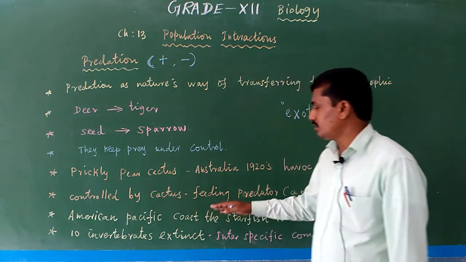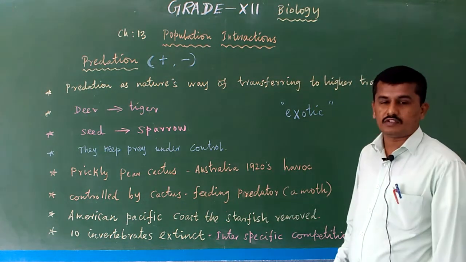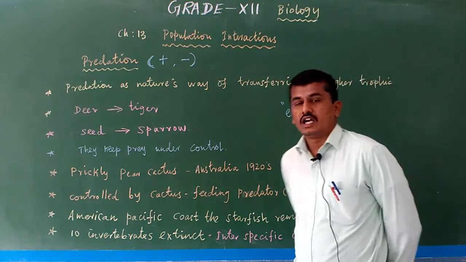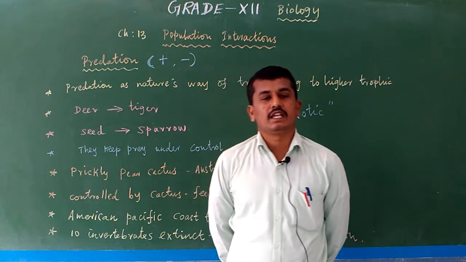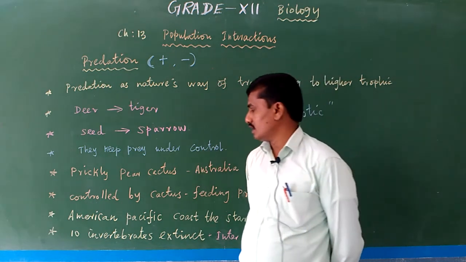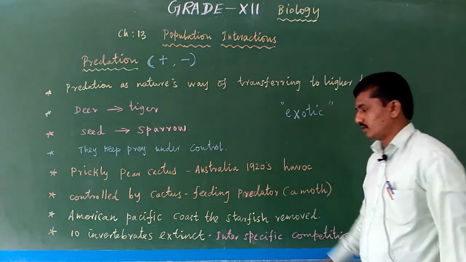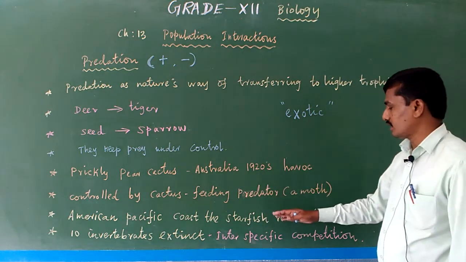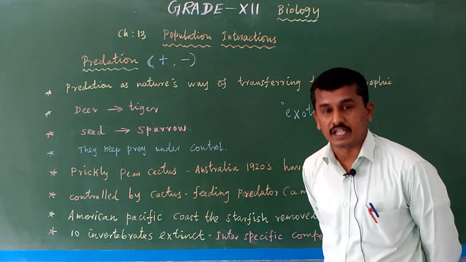And the American Pacific coast starfish example is another. The American Pacific coast contains one type of starfish that is present in the intertidal area.